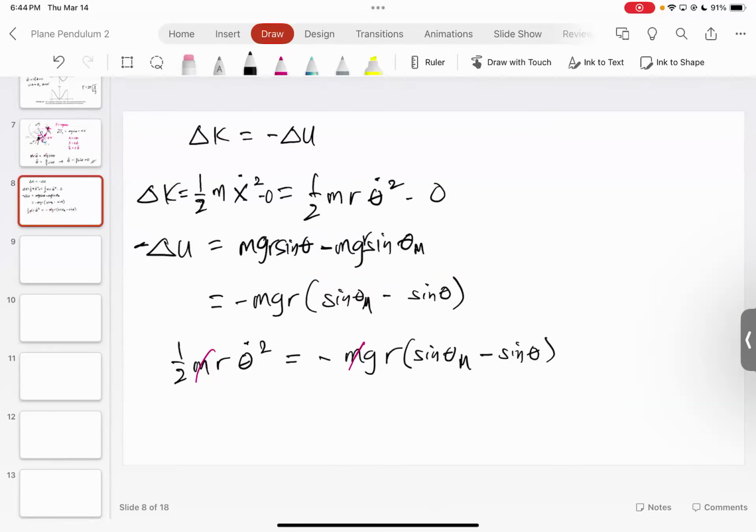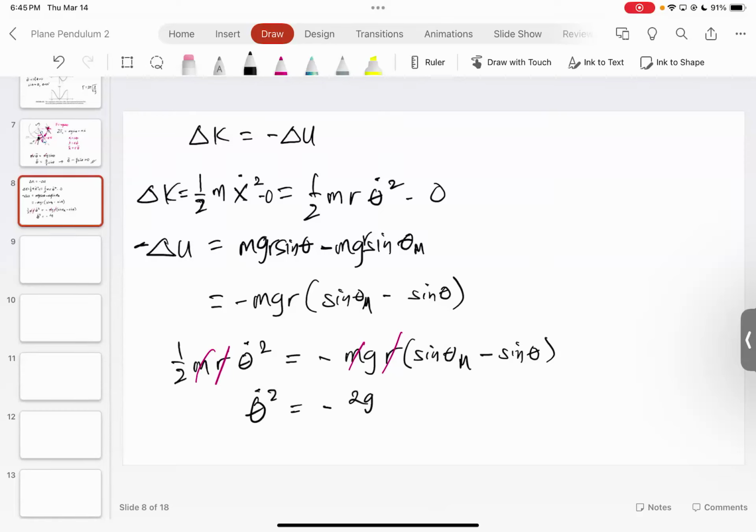Okay, so what else cancels? The R. So what remains is theta dot squared is equal to negative 2g. Wait, I'm trying to reconcile the signs. Okay, never mind.